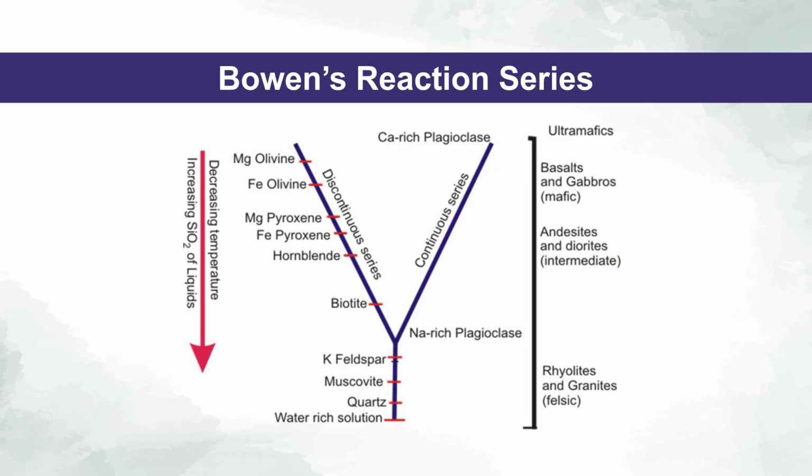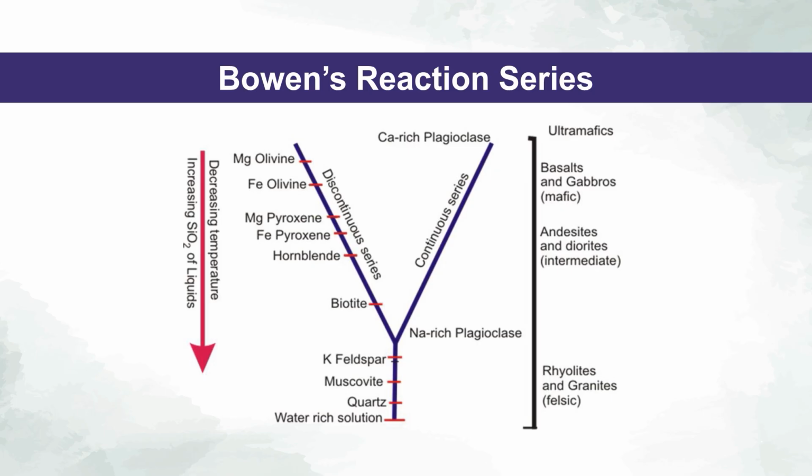Then further, with decreasing temperature, it can give rise to basalts and gabbro, which are mafic in composition. With further decrease in temperature, andesites or diorites form, which are intermediate in composition. And finally, as the temperature decreases and the silica percentage increases in the liquid, it gives rise to rhyolites and granites, which are felsic in composition.